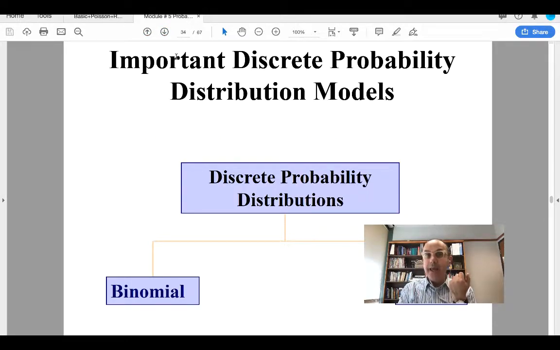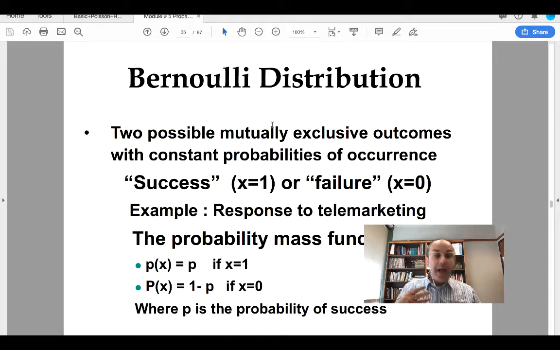Next is the importance of discrete probability distributions. We are talking about binomial and Poisson probability, which is a really important aspect. But in that arena, we have the idea of the Bernoulli distribution. It is when there are two possible mutually exclusive outcomes with constant probability of occurrence.